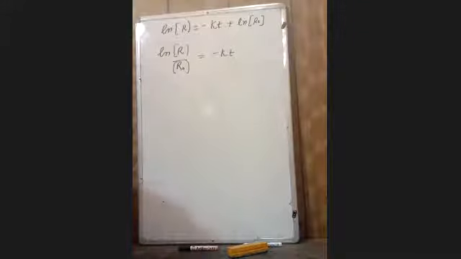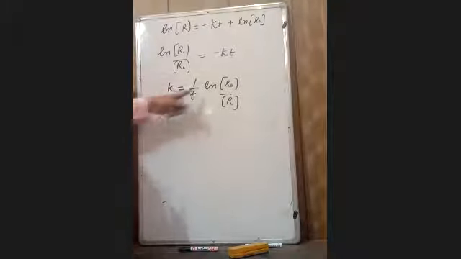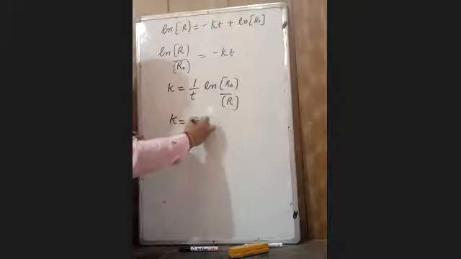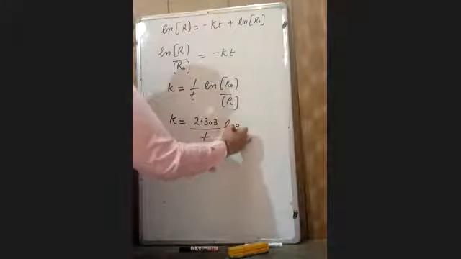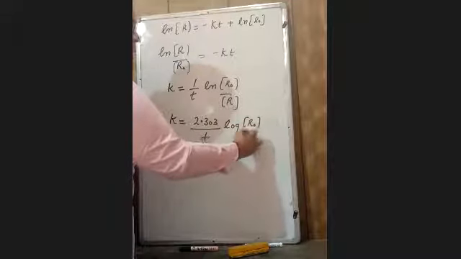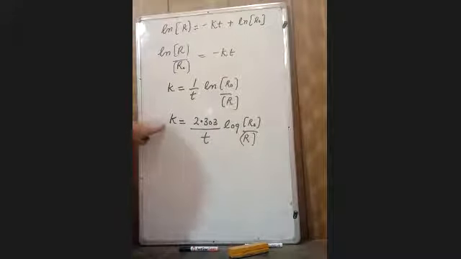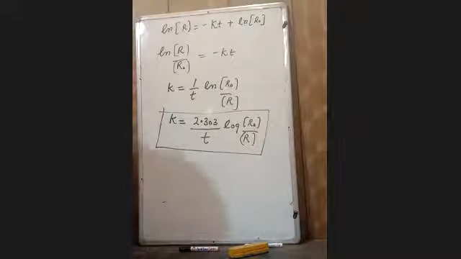So the integrated rate equation, converted into log base 10, you can write as k is equal to 2.303 over t log R naught over R, where t is your time, k is your rate constant, R naught is your initial concentration, and R is your final concentration. This is for your first order kinetics.